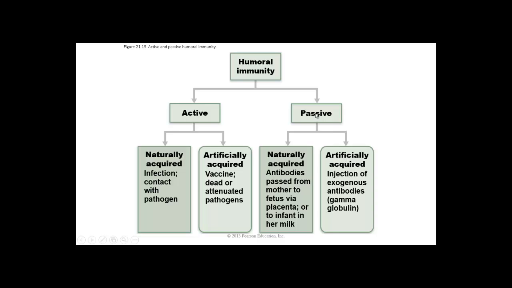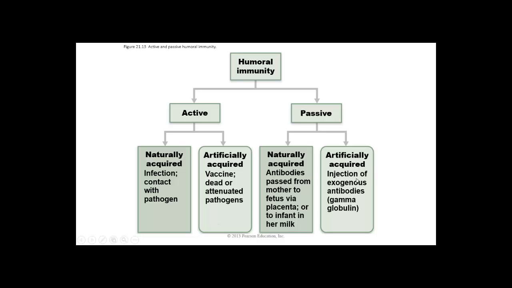Artificially acquired passive immunity is when you're not getting them naturally through breastfeeding, but you're getting them artificially through injection. For example, if you get bit by a rattlesnake and you need the anti-serum, which means antibodies, you would receive an injection of those antibodies to actively fight the infection.